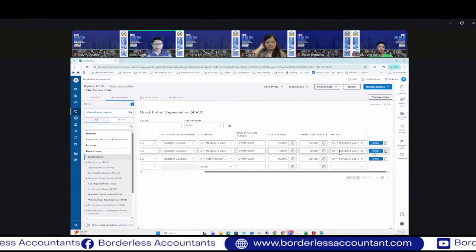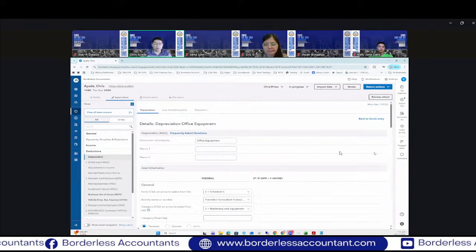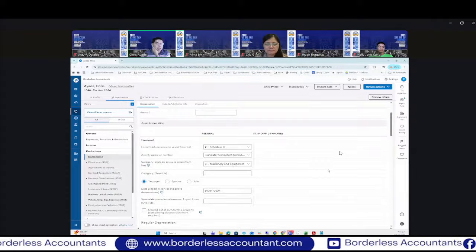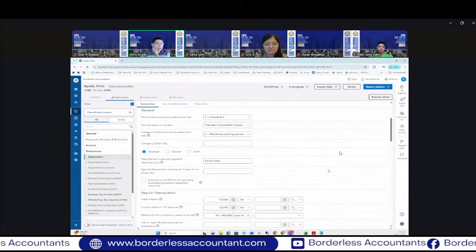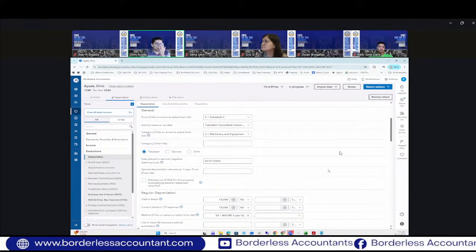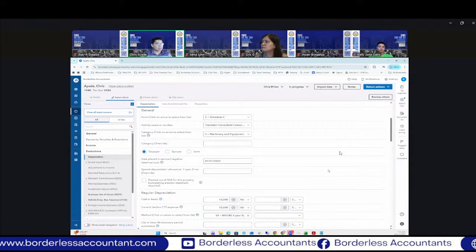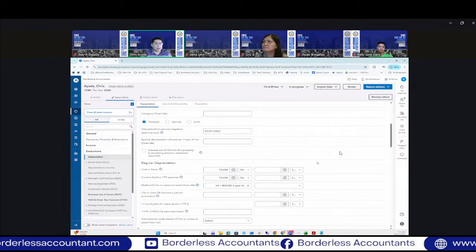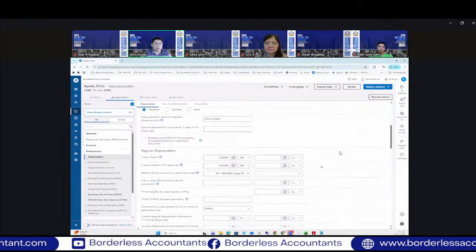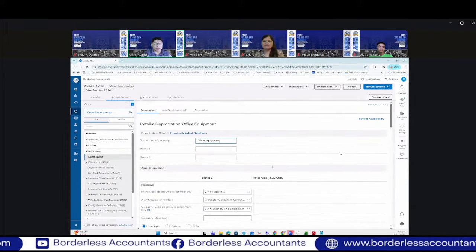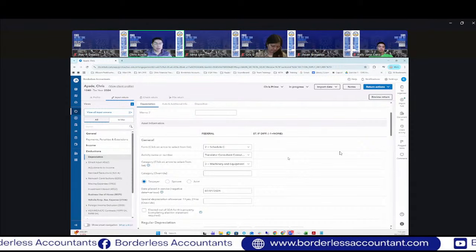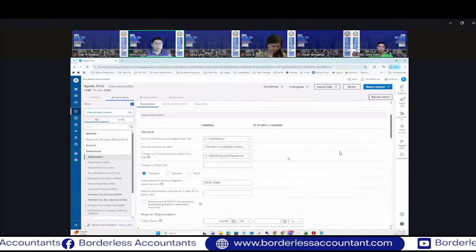And then for section 179, you would need to do some research and check if that asset is qualified for section 179, right? So ang life ba ng asset na yan is 20 year or less. Yung cost, is it covered? So stuff like that. Marami namang resource sa ChatGPT that would tell you if that property is qualified for section 179.